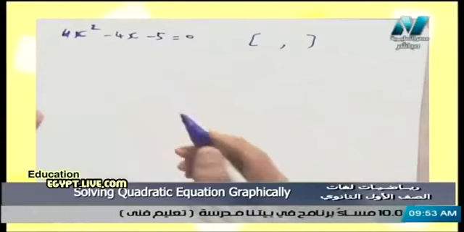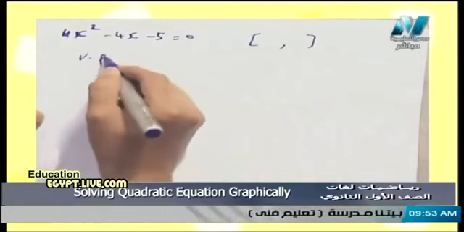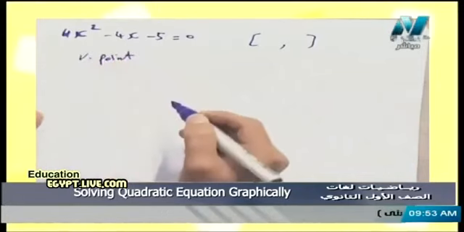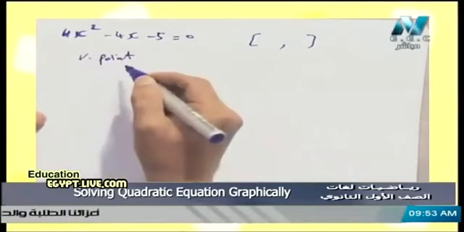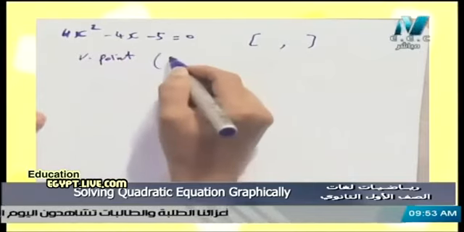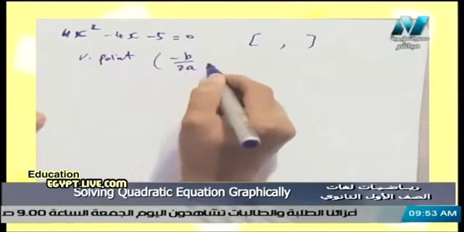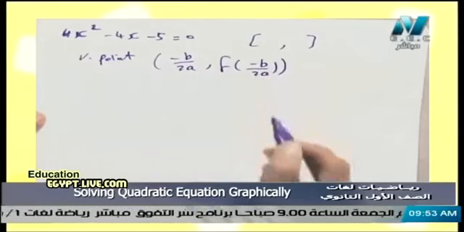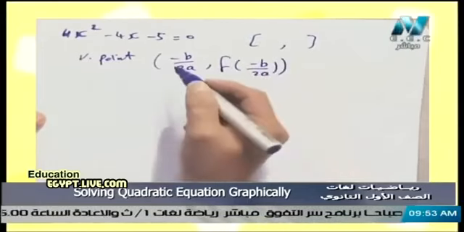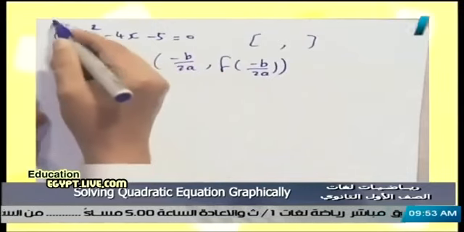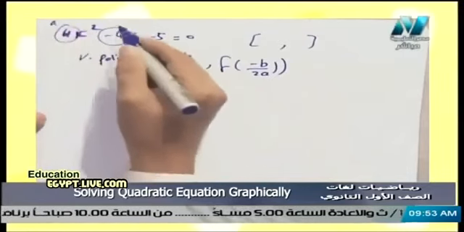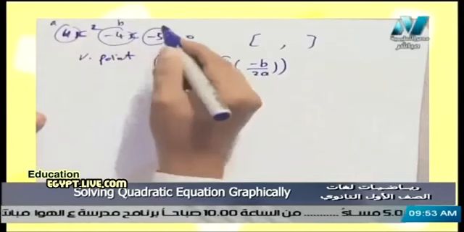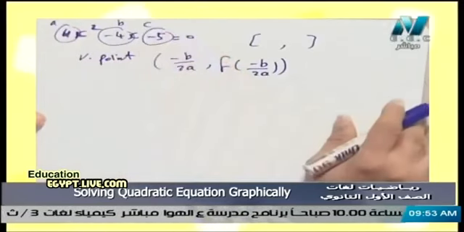Remember well about the vertex point of the graph. The vertex point, we will take it by the rule negative b over 2a and f of negative b over 2a. What is this? We know that 4 is a, negative 4 is b, and c equals negative 5 here.